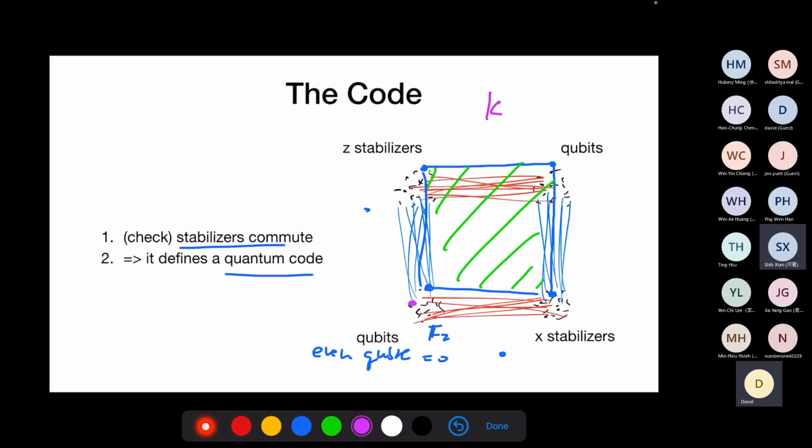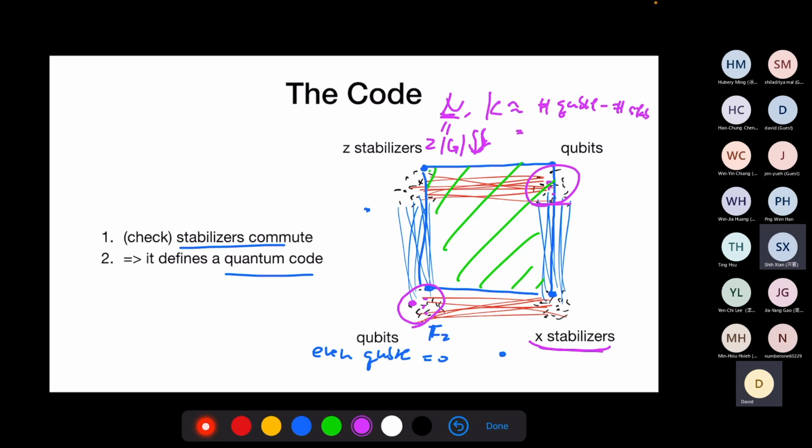So your question is how N and K relate, how can we see N and K inside this graph? N here would be the number of vertices here plus the number of vertices here, so N equals 2g. For K, you need to look at the stabilizers. Each stabilizer cancels out a logical qubit, so K is roughly the number of qubits minus the number of stabilizers.